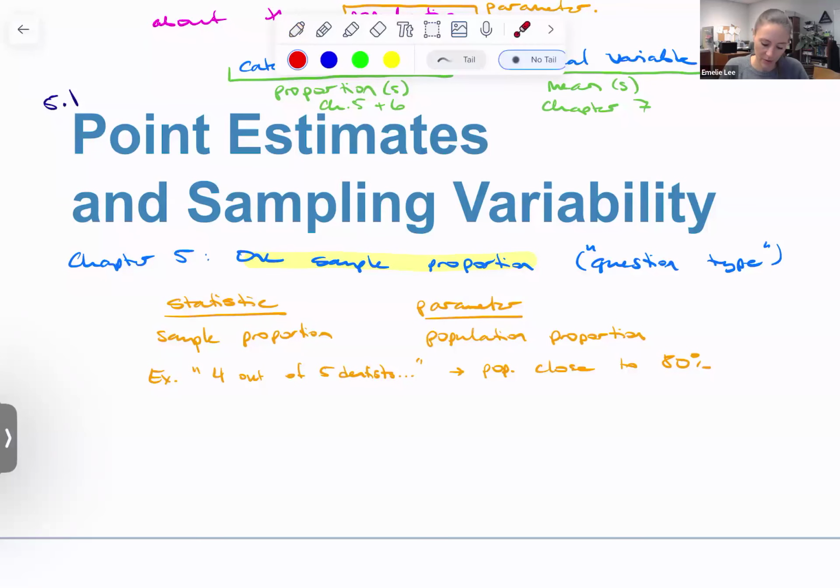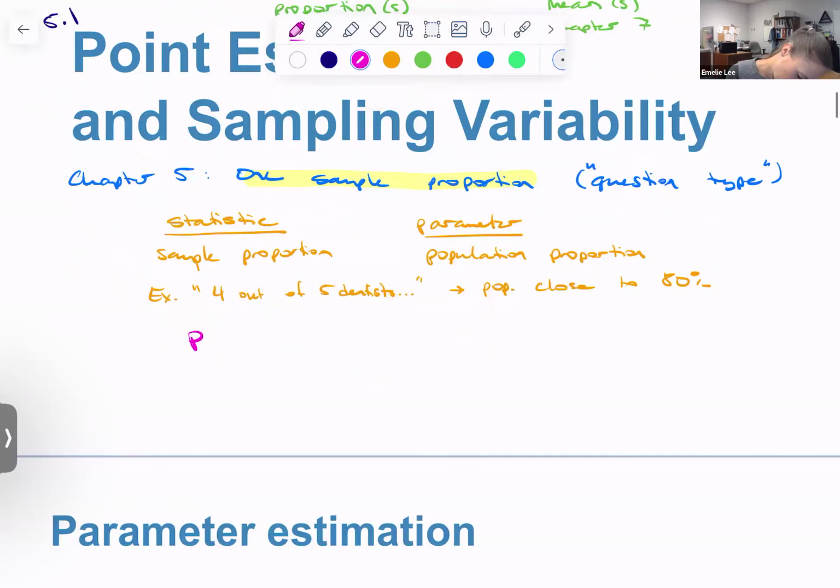So we're going to need some notation for the statistic. And for one sample proportion, what we're going to use is p hat. So it's a p with a hat on top. And there's a really funny note in the textbook. It's in the footnote.